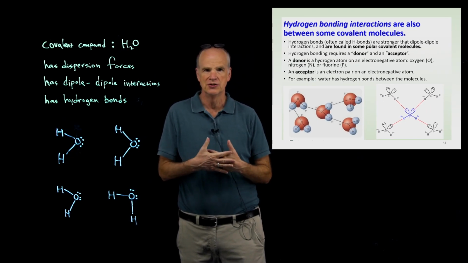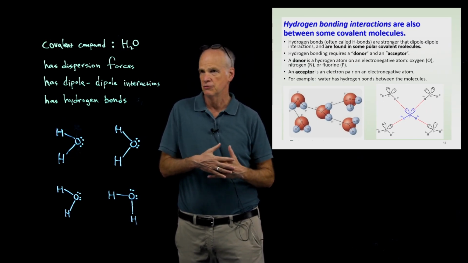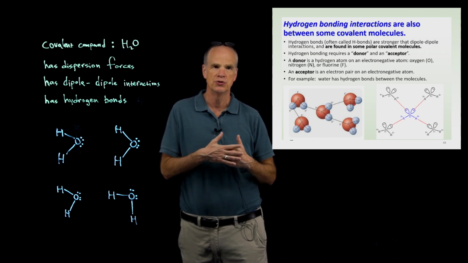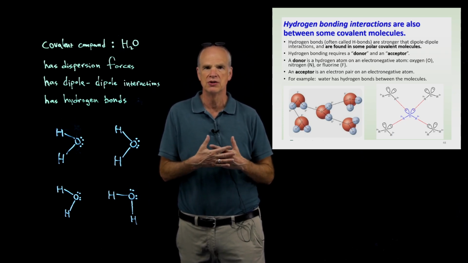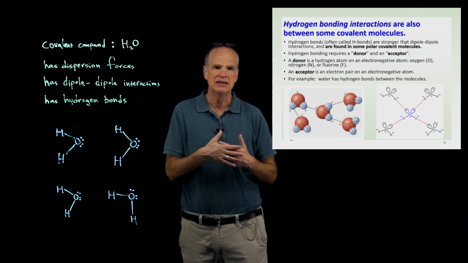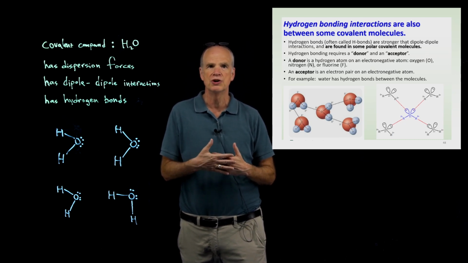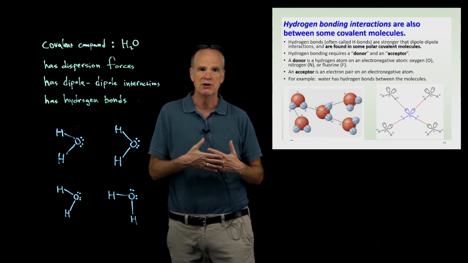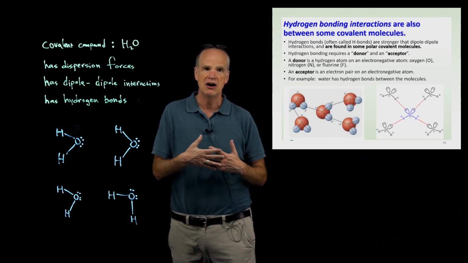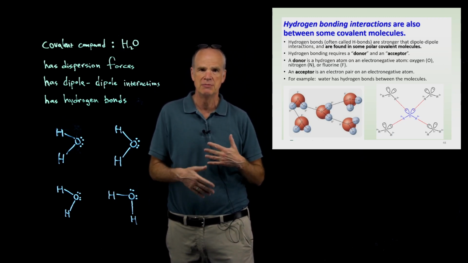Okay, the last molecule we're going to be looking at is the water molecule. The reason I want to look at that one is that it is a great example of a molecule where you see hydrogen bonds between the different molecules. Now, I want to point out that water also has some of the other interactions that I mentioned earlier.